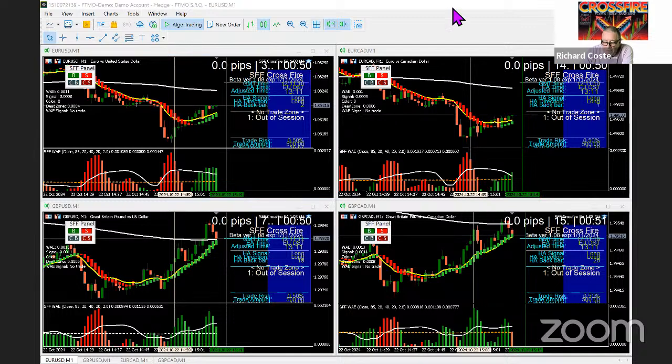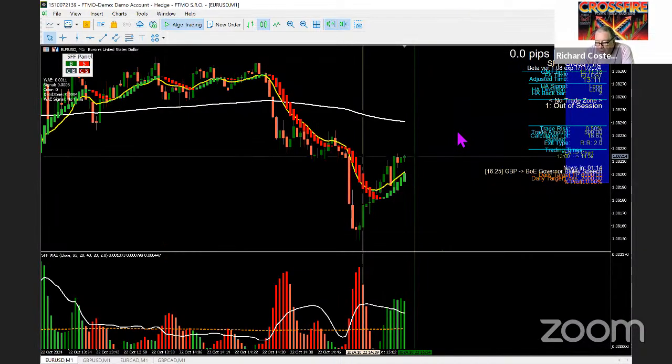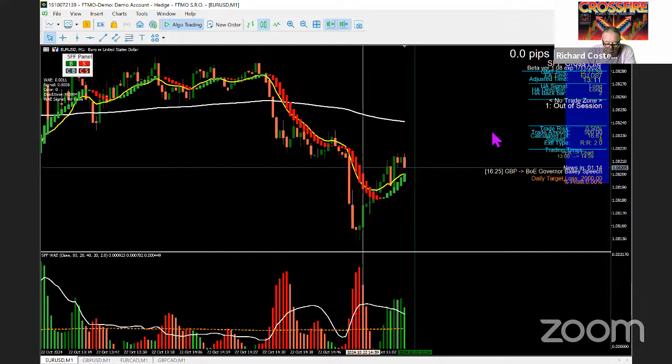So if I wanted to focus on Euro USD, what I've already also predetermined is how much I'm prepared to lose. So my trade risk on this pair, Euro USD, is limited to 0.5%. That's a half of 1%. And in dollars, that's $500, because I'm trading with a $100,000 account.